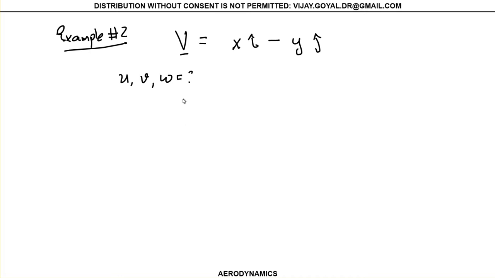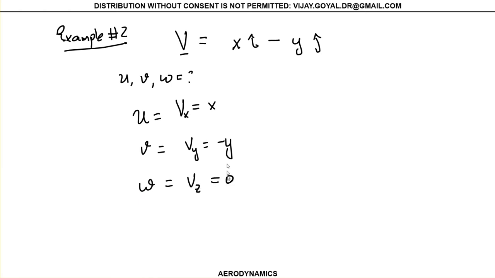From this problem, Vx is equal to x, this is your u. Your v, Vy, is equal to minus y because it was in front of j. And your w, Vz, is a function of 0.